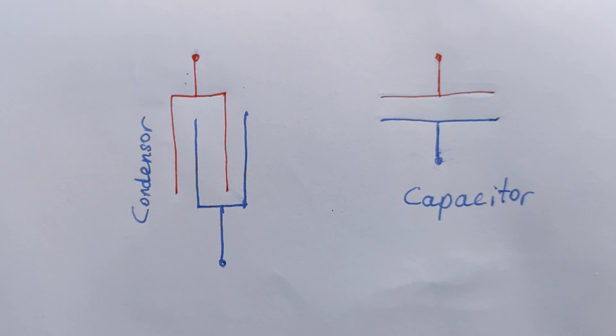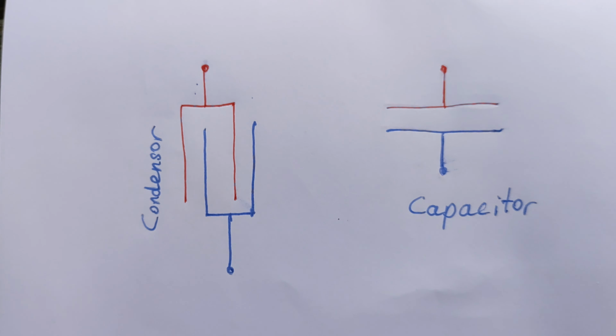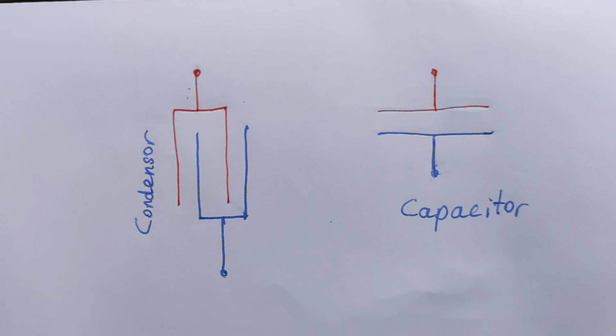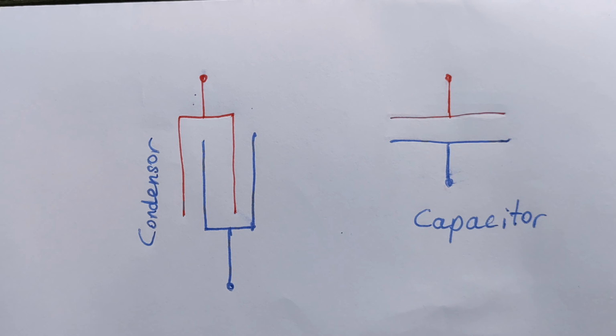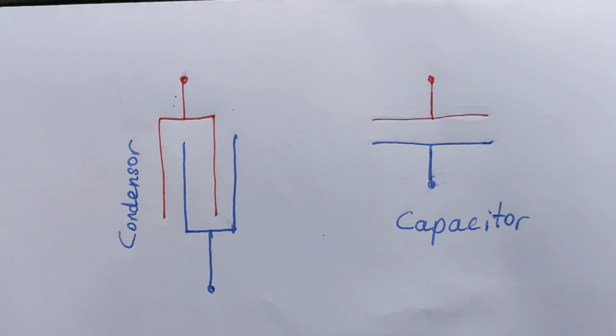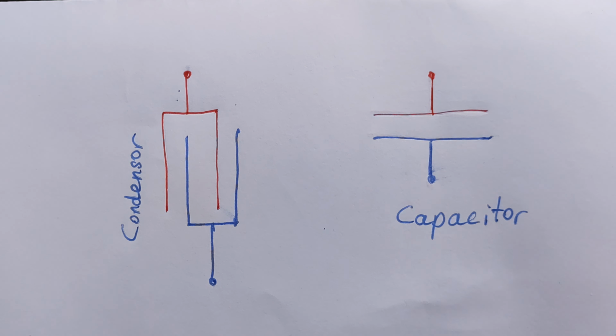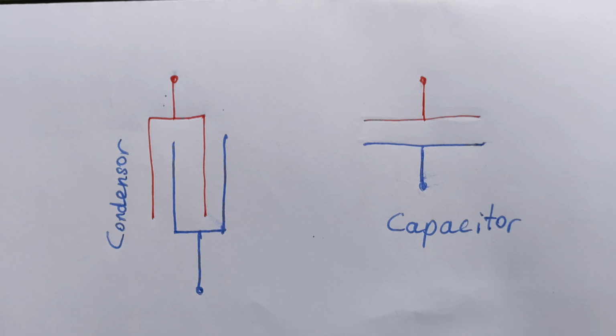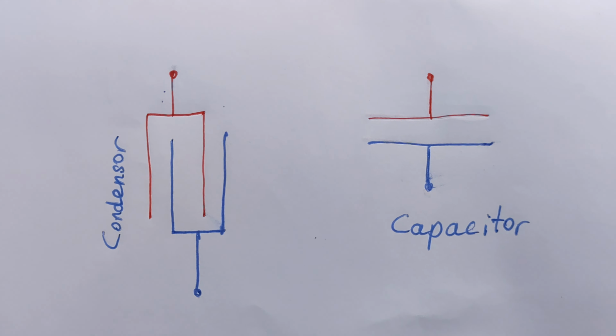But I'm going to prove to you that they are not the same devices. They behave differently, and I'm going to use well-known laws of physics to prove these points, and these laws are Faraday's laws of induction.